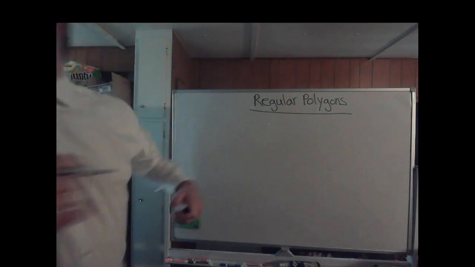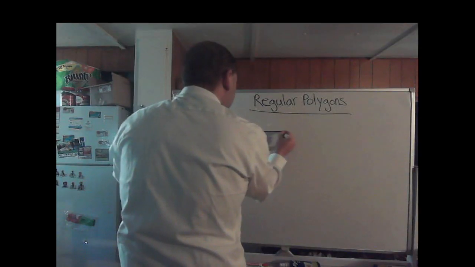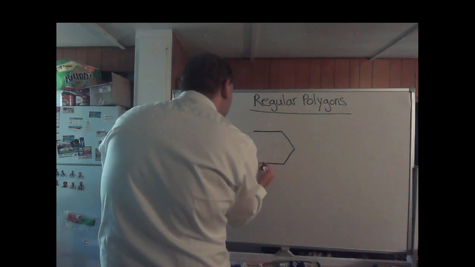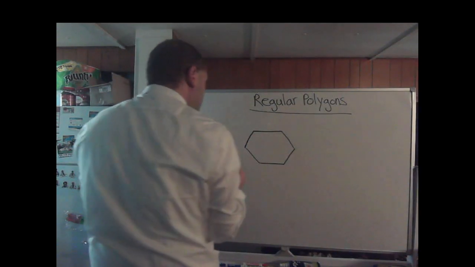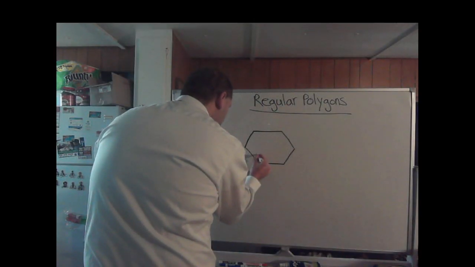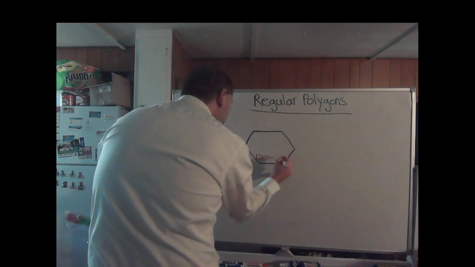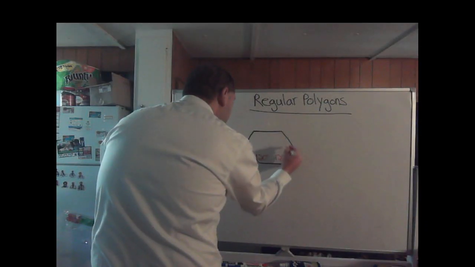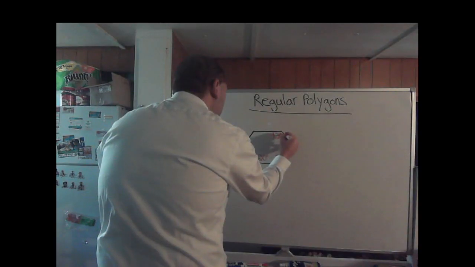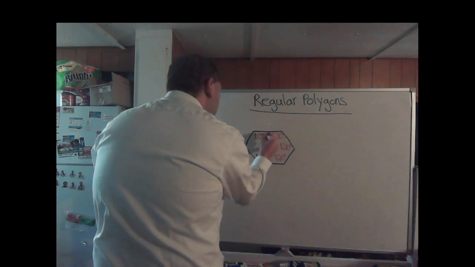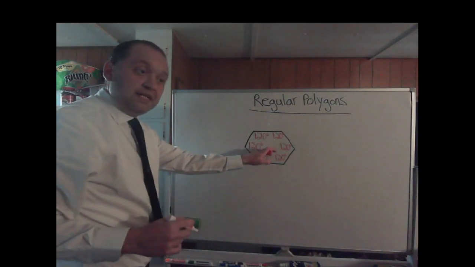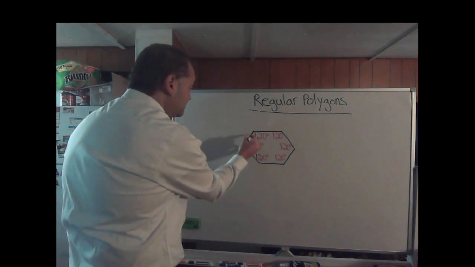So, let's look at an example here of one. Okay, so let's see. This angle's 120 degrees, this angle's 120 degrees, this angle's 120 degrees, this angle appears 120 degrees, this angle appears 120 degrees, and this angle right here is 120 degrees. Clearly we see it's equiangular, and the side lengths are all the same.